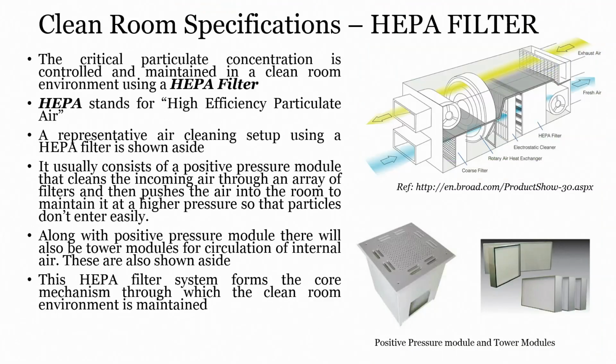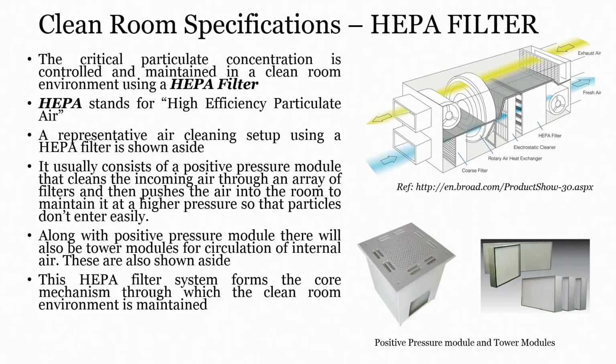So now when we talk about a clean room, the most important equipment or tool is the HEPA filter, right. So what exactly is a HEPA filter? The critical particulate concentration is controlled and maintained in a clean room environment using a HEPA filter, and HEPA stands for high efficiency particulate air.